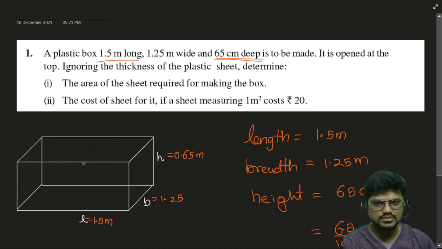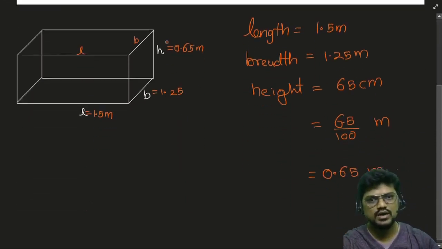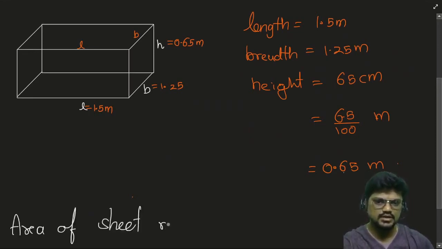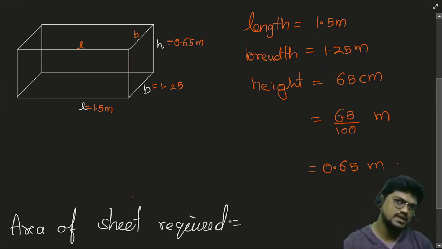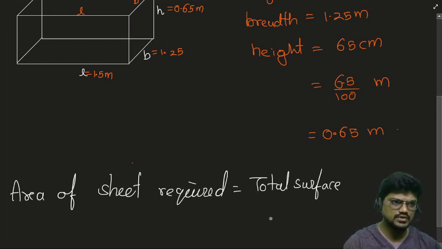This area is length into breadth, L into B. So the area of sheet required, you can find the total surface area of the box and minus the top area. Yes or no? That is total surface area minus top area.